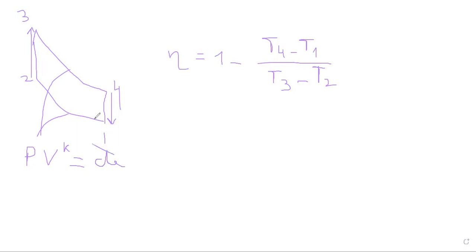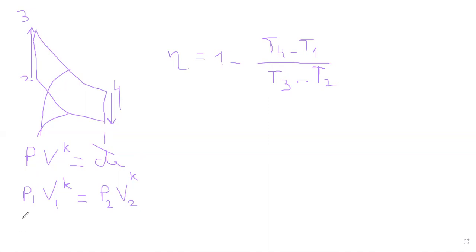First, between 1 and 2, we can relate pressures and volume. So we can write that P1 V1 to the power K equals to P2 V2 to the power K. Also, we can apply between points 3 and 4, we can also apply this relation.